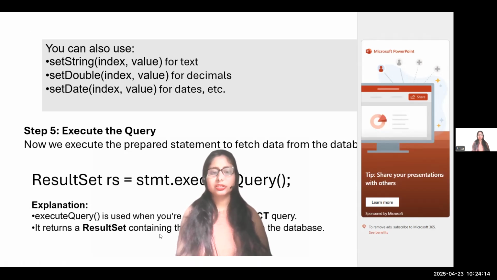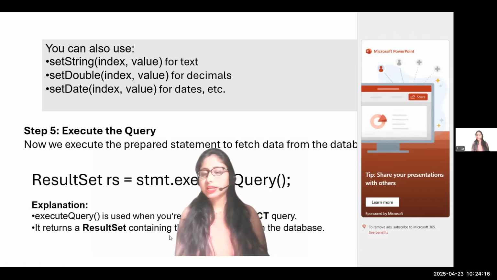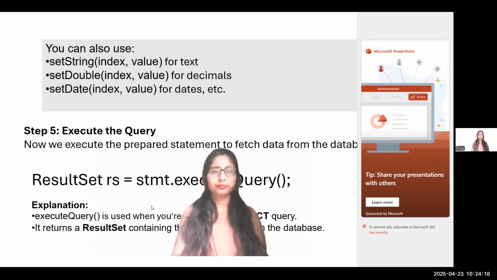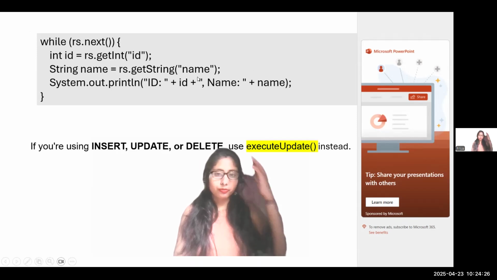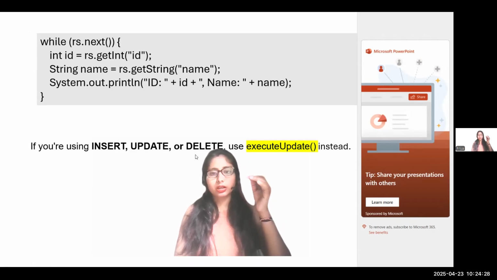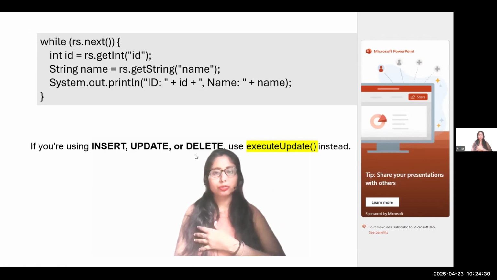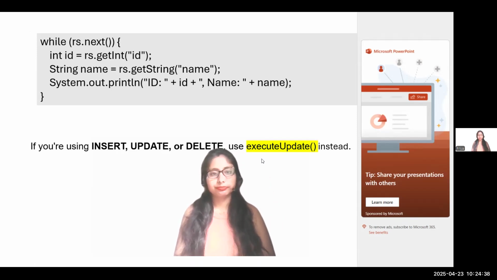It returns the result containing the rows fetched from the database. While the result has next row, our loop will run. If you are using insert, update and delete, use executeUpdate instead.